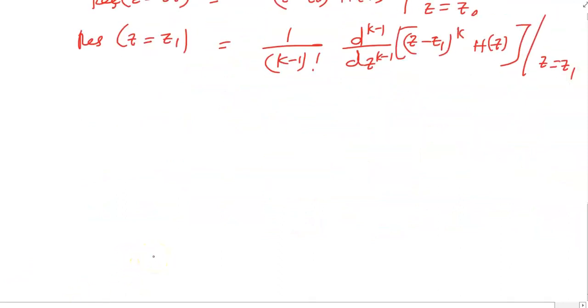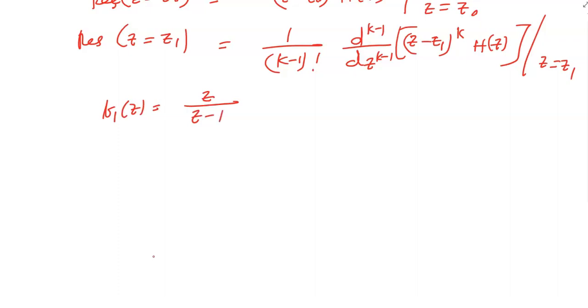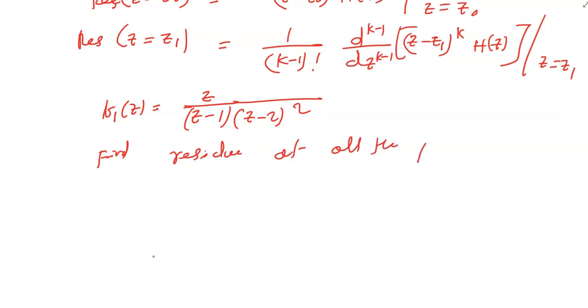Let us take a complex function f1(z) equal to z upon (z minus 1) into (z minus 2) square. Find residue at all the poles.